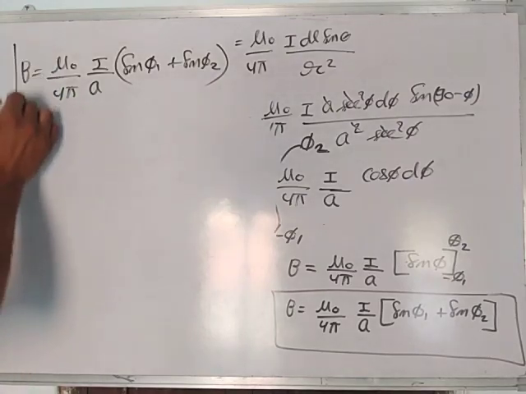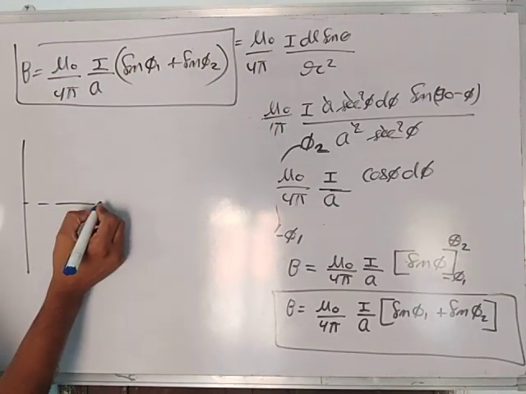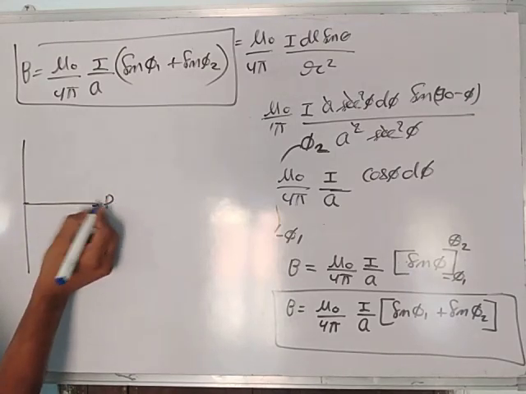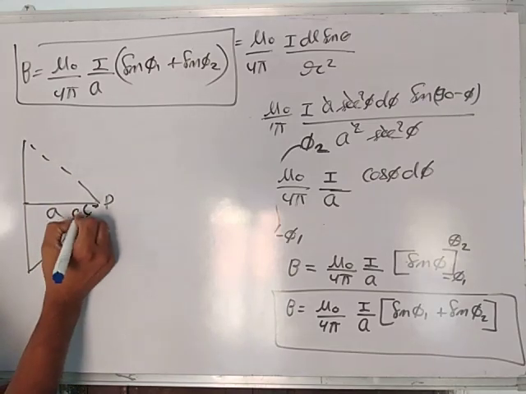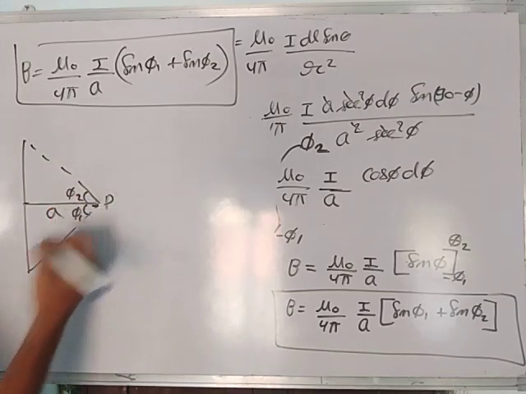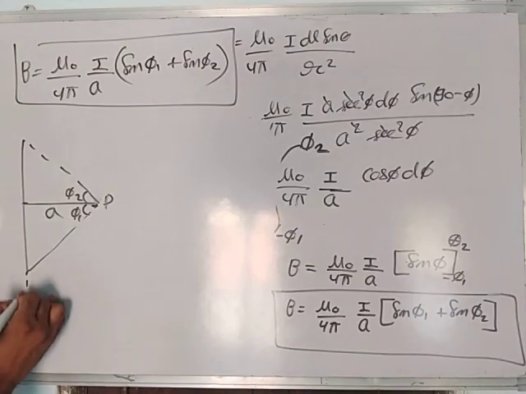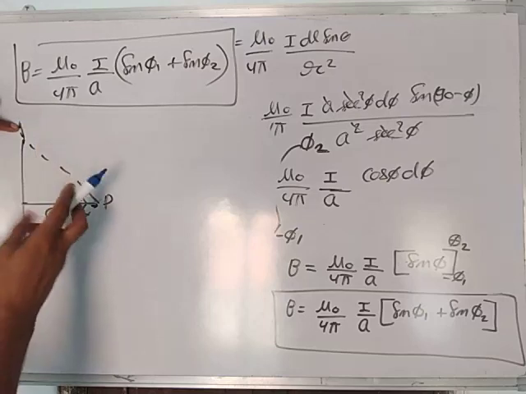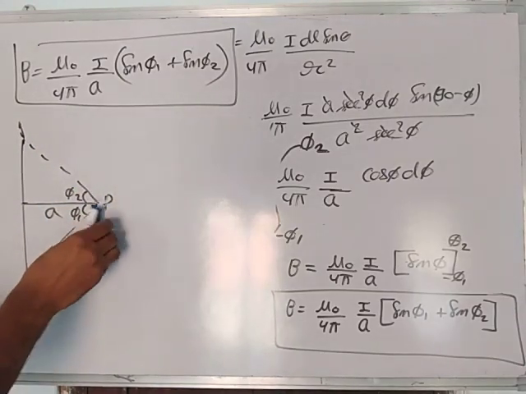This result is applicable for a conductor whose distance from point P is a, and both ends subtend angles φ₁ and φ₂. Suppose, students, the length of this conductor is infinite. As the length of the conductor increases, φ₂ will increase and φ₁ will also increase.